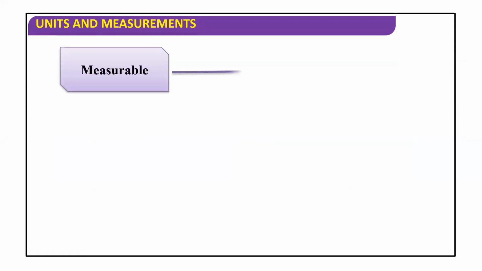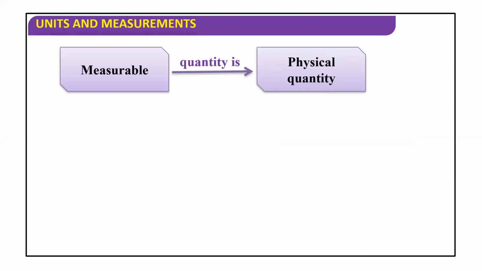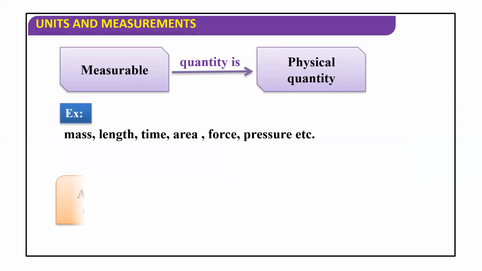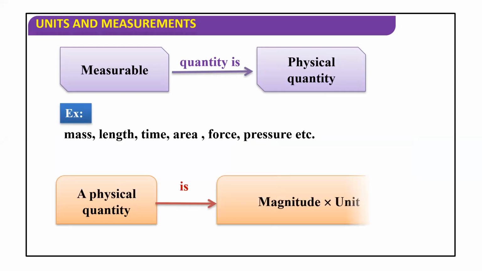So a quantity that is measurable is known as a physical quantity, right? If you measure a quantity, you need to express it in terms of units. In order to standardize the measurement, you need to express it in terms of units. So each and every physical quantity is always to be expressed in terms of what?